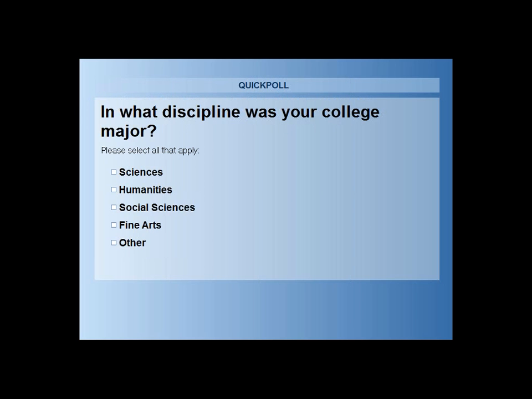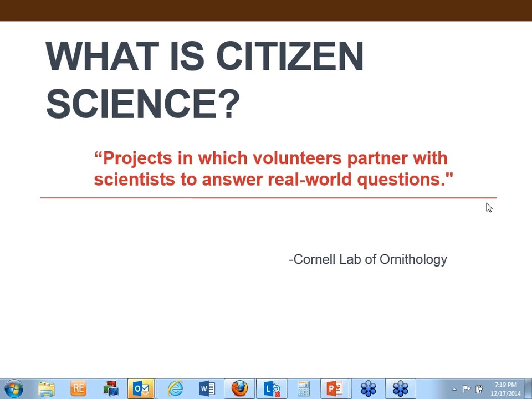Okay, we've got about 76% of you voting. We'll just give it a second or two more and close the poll. Okay, great. So with that one, we have 56% of tonight's participants from the sciences, 24% humanities, tied with the social sciences. We've got 8% with a fine arts major, and then 4% who chose other.